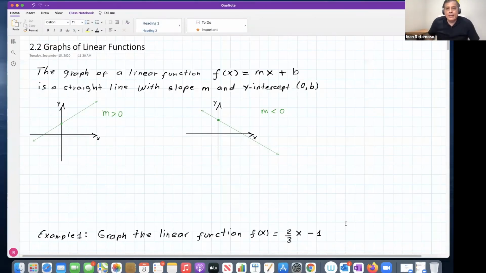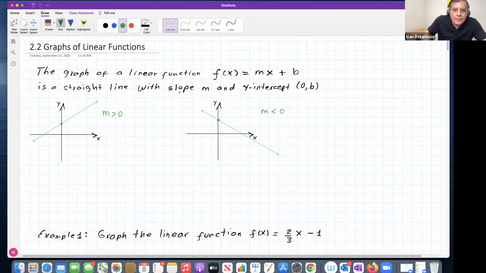All right, great. Today we're going to talk about section 2.2, graphs of linear functions. Let's start with the graph of a linear function defined as f of x equal m times x plus b.